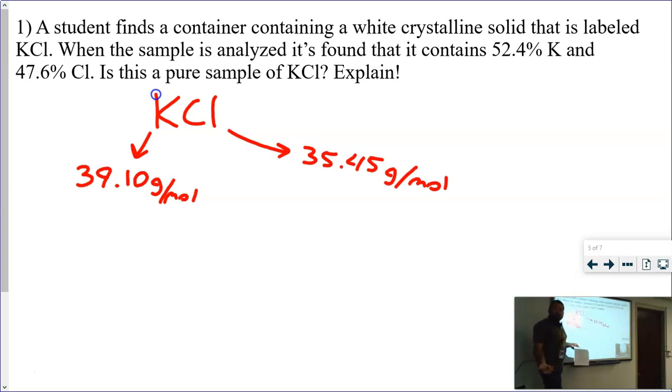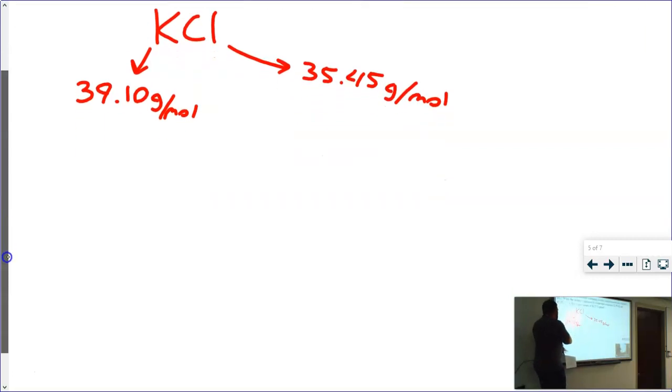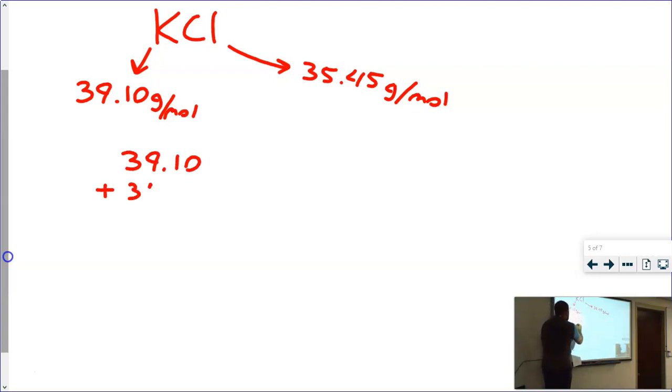And we can determine the percentages that these should turn out to be, right? If I take the 39.10 and I add it with the 35.45, oops, that's not a 5.